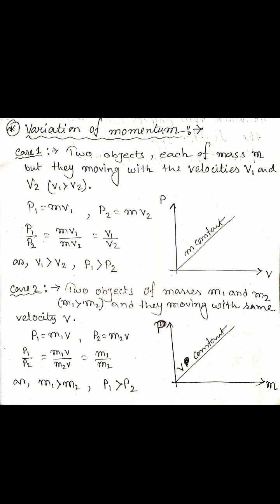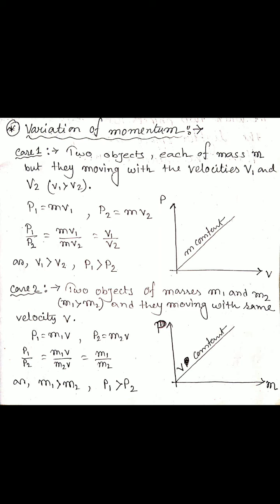Now if we divide the two equations, we get p1 by p2 equals m into v1 by m into v2. The m cancels, so we have v1 by v2. As v1 is greater than v2, p1 is also greater than p2. That means if v changes, the momentum of the body also changes. How does it change? Directly.